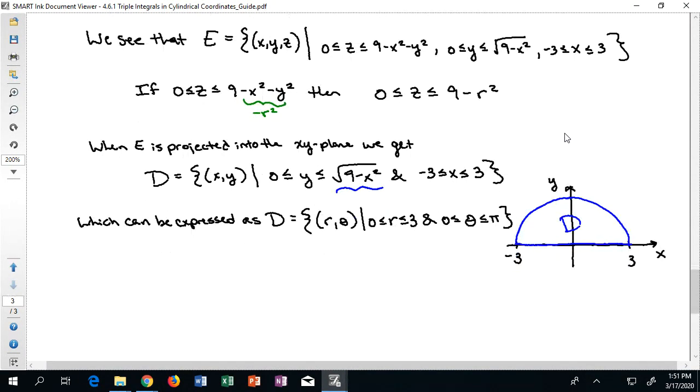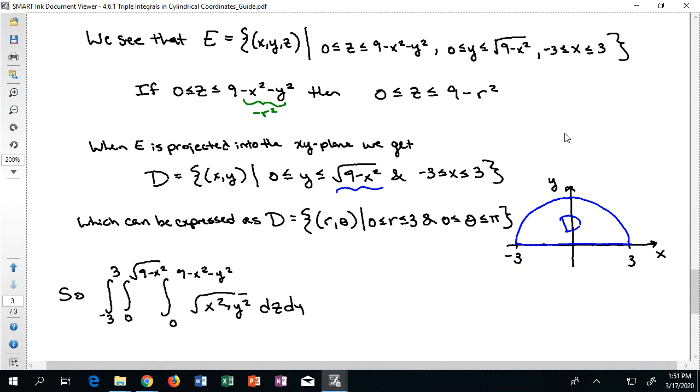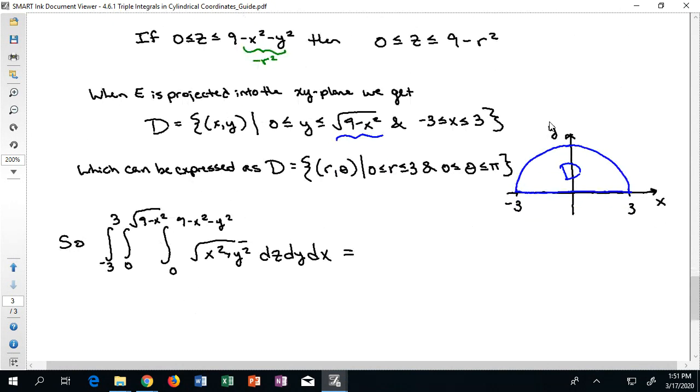So this gives me the ability to change the integral. The integral that went from -3 to 3, 0 to the square root of 9 minus x squared, and then 9 minus x squared minus y squared to 0, I now have the ability to rewrite with polar coordinates.